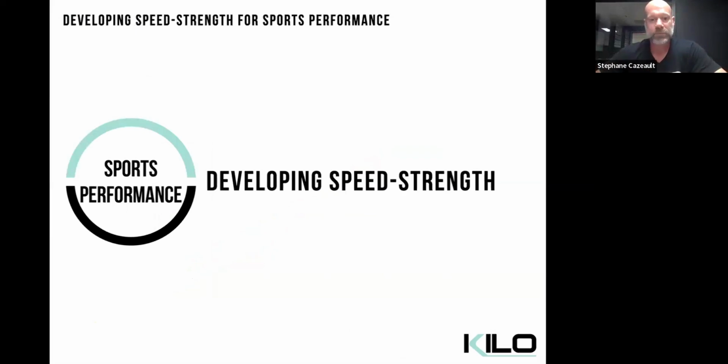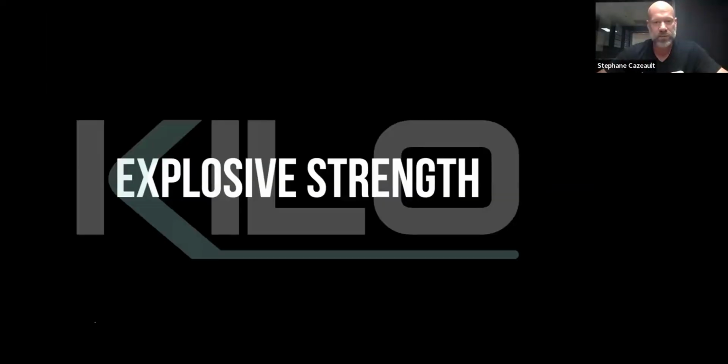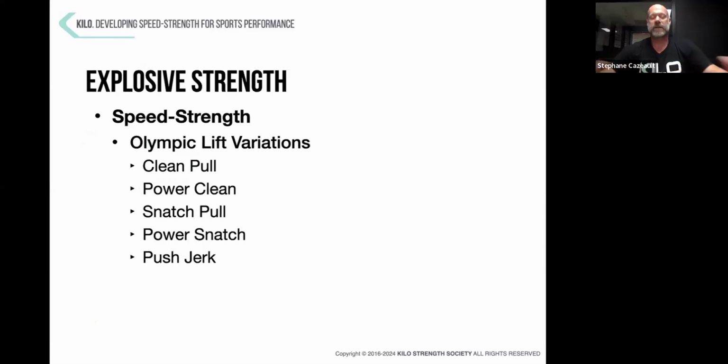So how do we develop speed strength? With explosive strength, there's many training methods, but here I'm just going to show you guys the ones that we really like here at Kilo. So for explosive strength, the heaviest modality, whenever you're using the output device and tracking your meters per second and velocity on your lifts, your Olympic lift should be between 0.5 to 0.75 meters per second for the expression of explosive strength.